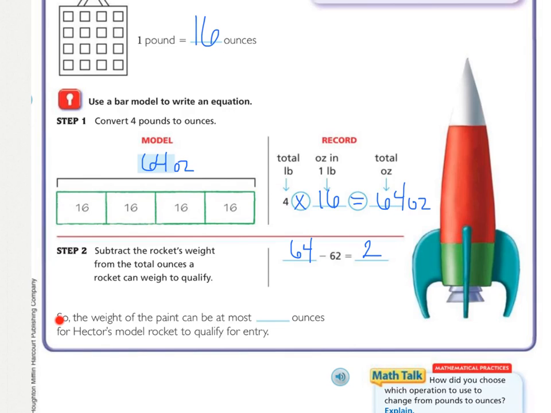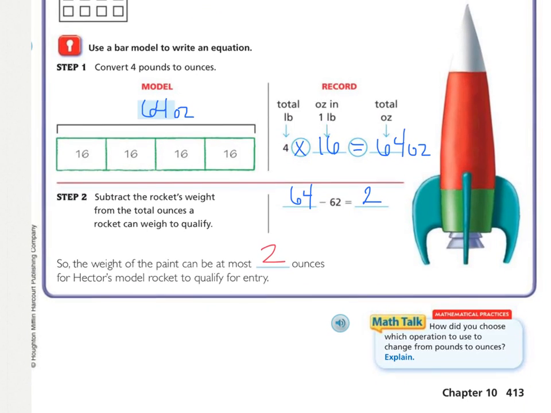And so the weight of the paint can be at most 2 ounces for Hector's model rocket to qualify for entry. If we look at our math talk real quick, how did we choose which operation to use? Changing from pounds to ounces? Well, remember, when you go from a larger unit to a smaller unit, you always multiply.